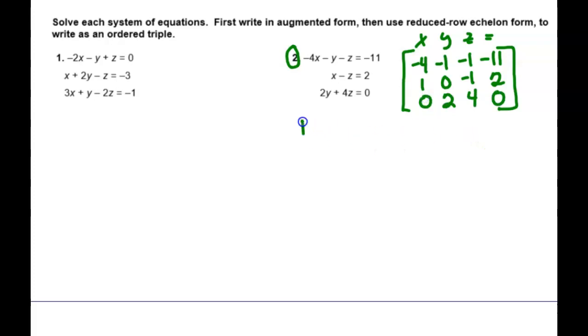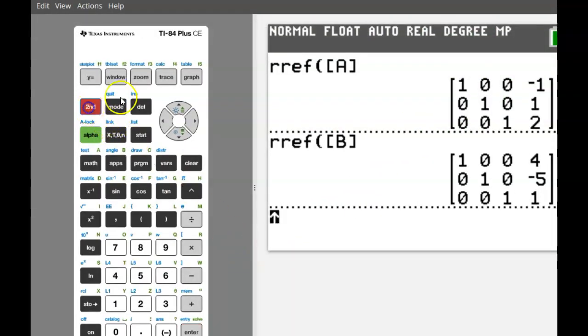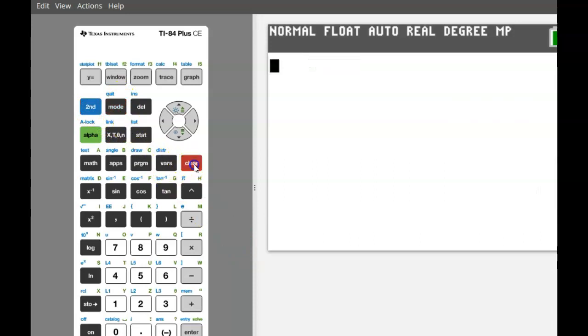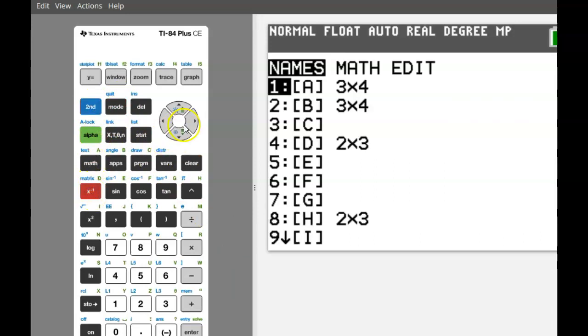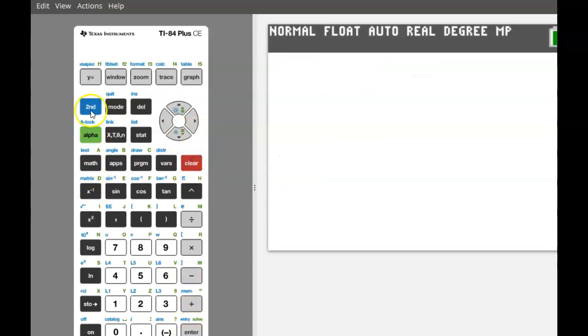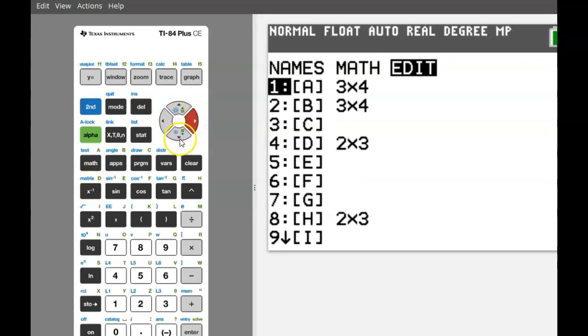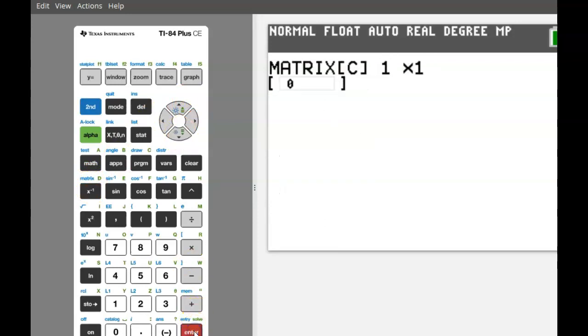Okay. And then we're going to put this in our calculator and we're going to do RREF to it. What size is it again? This one is a 3 by 4. Oh, I forgot to go over to edit. You got to be in edit. Three by 4.